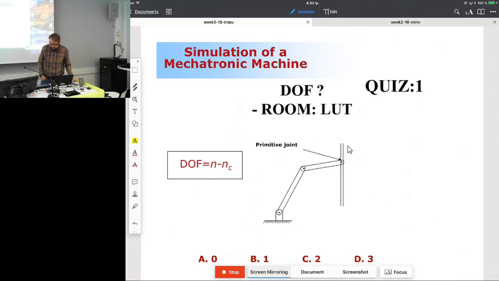Okay, is this too simple? So let me see, 55 students. I'm going to wait 10 seconds, and then I'm going to close this one because I want to show how to compute the correct answer. 61 students already entered the answer.